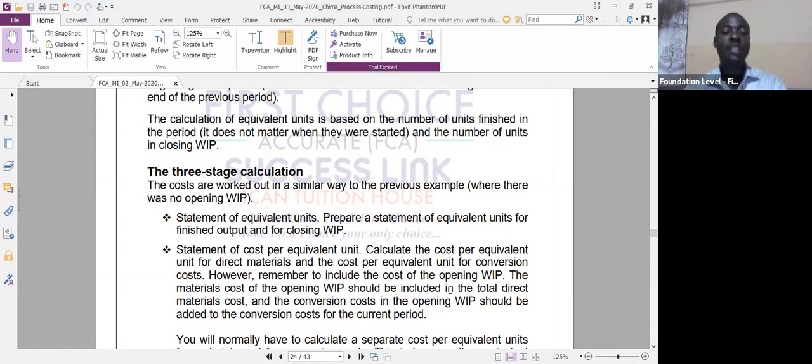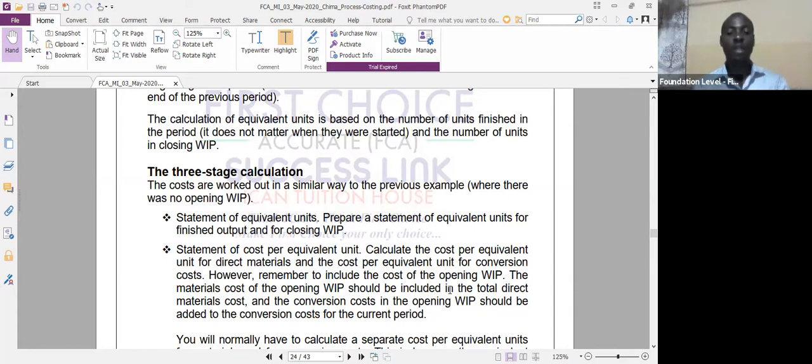We have to prepare a statement of equivalent units for finished output and for closing work in progress, just like we did. Then we also have to get statements of costs per equivalent unit. So that's the same thing we did the last time. We have to calculate the cost per equivalent unit for direct materials and the cost per equivalent unit for conversion costs.